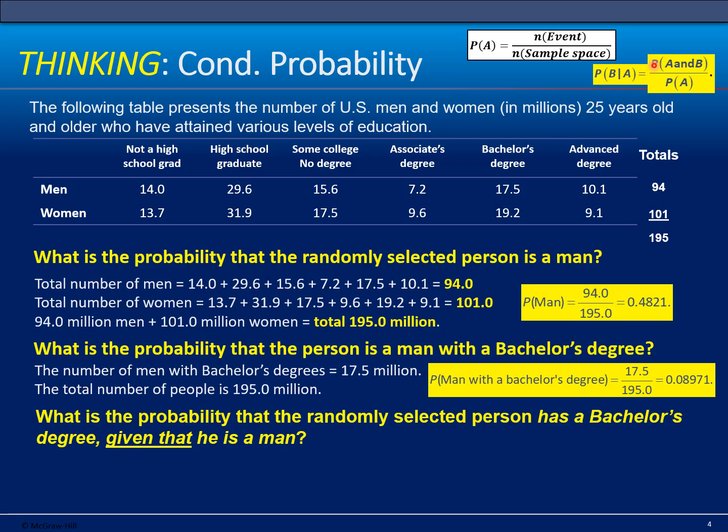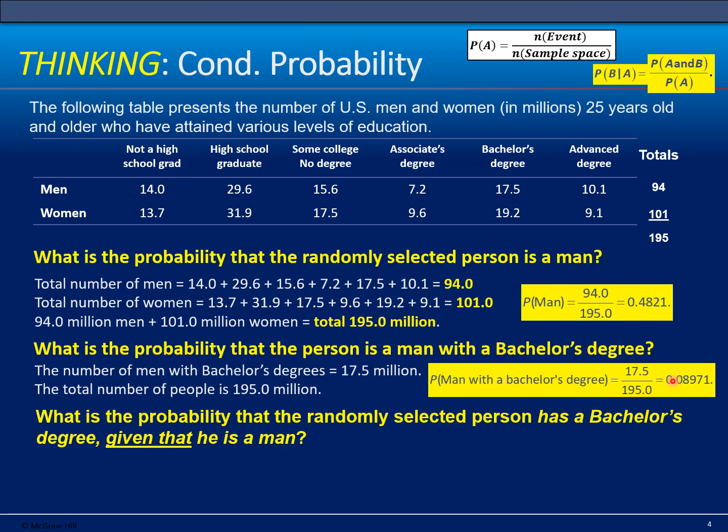So we're looking for the probability of A and B, a man and a bachelor's degree, which we just figured out here, a man with a bachelor's degree, over, given that he is a man, the probability he's a man, which is here.